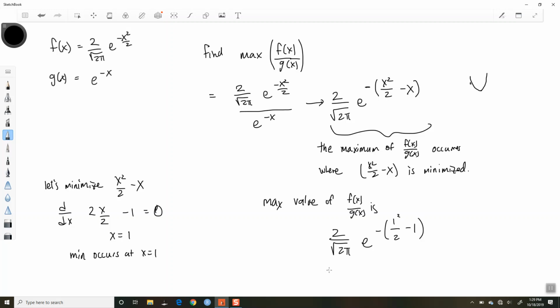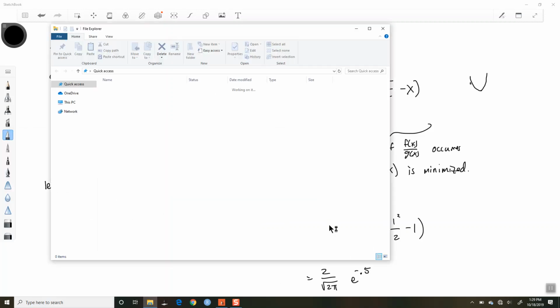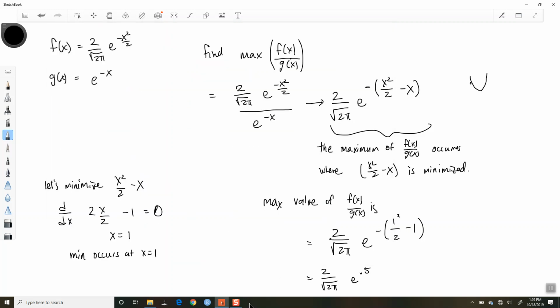So what is this? 2 over root 2 pi e to the negative 0.5. Okay, what is this? Calculator. Did I regular 0.5? Oh yeah, thank you.